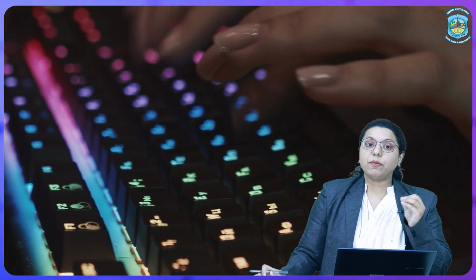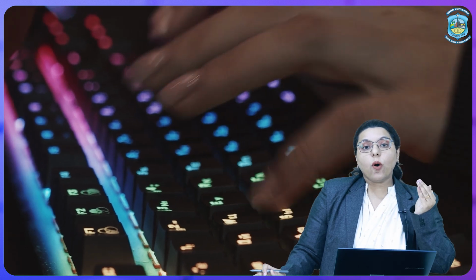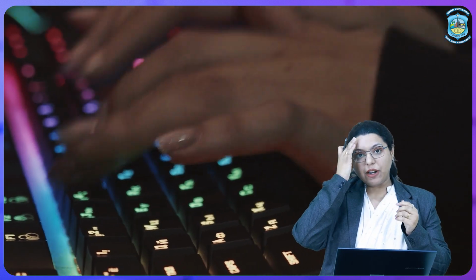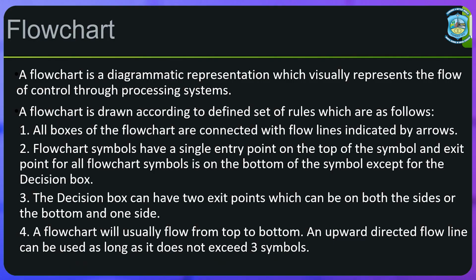A flowchart will help the programmer to understand what the steps are in writing the program and how to make the program more optimized. A flowchart is drawn according to a defined set of rules, which are as follows. There are certain boxes for different implementations of a flowchart.